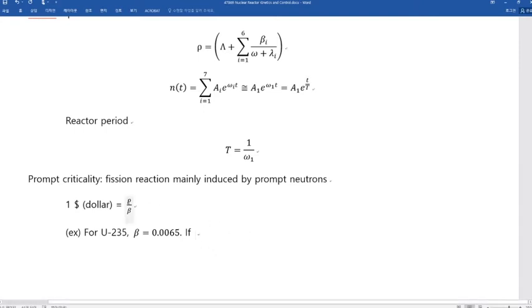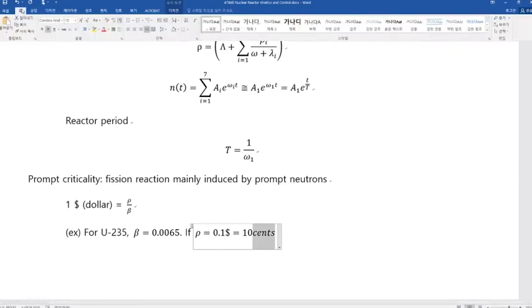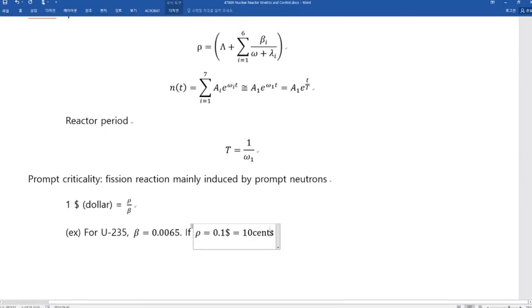If reactivity is given as $0.1, that will be equivalent to 10 cents, the same as 0.00065.